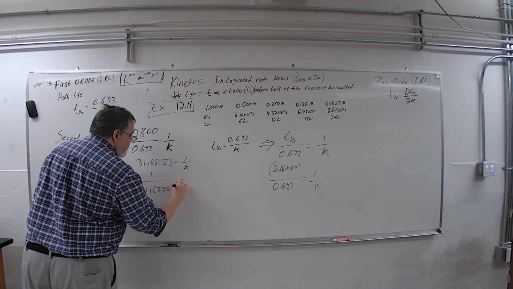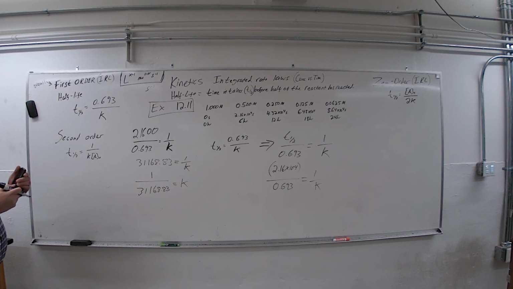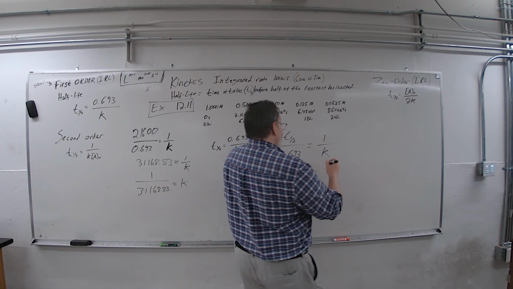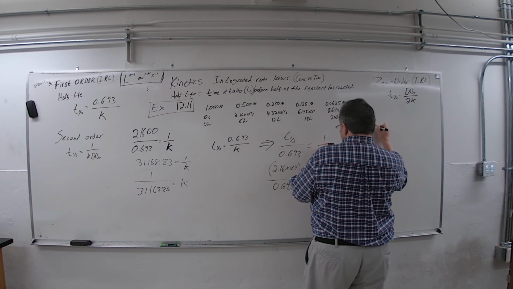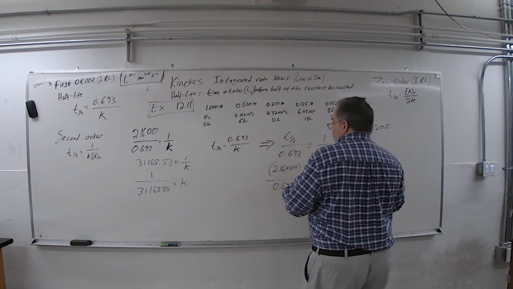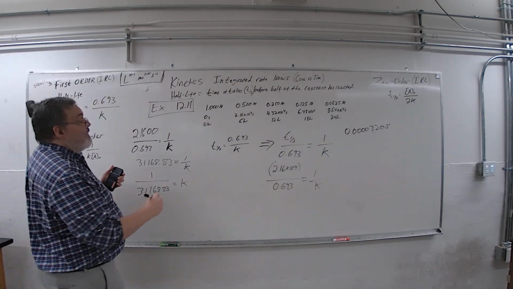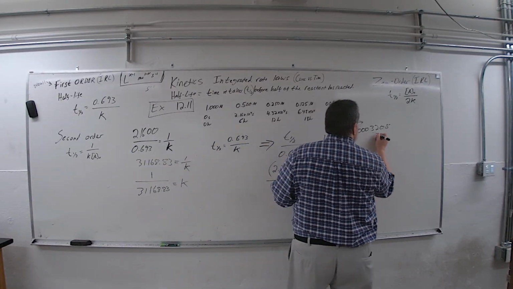I'm just keeping a ton of digits. 1 divided by 3, 1, 1, 6, 8, 3. Yeah, probably didn't need to keep all those. I'm going to keep two significant figures. Maybe I should keep 3. That's 3, that's 3, that's 3. I guess I'll keep 3.